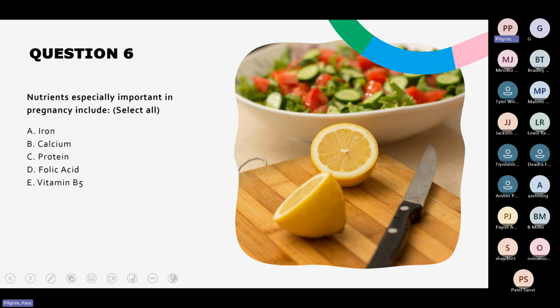So question 6, nutrients especially important in pregnancy include what? Select all that apply on this one. I don't like select all questions either, but I think they're good practice.